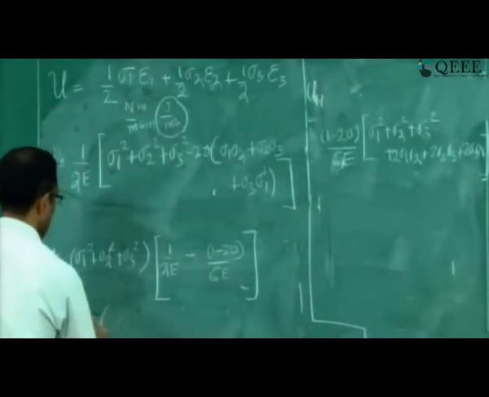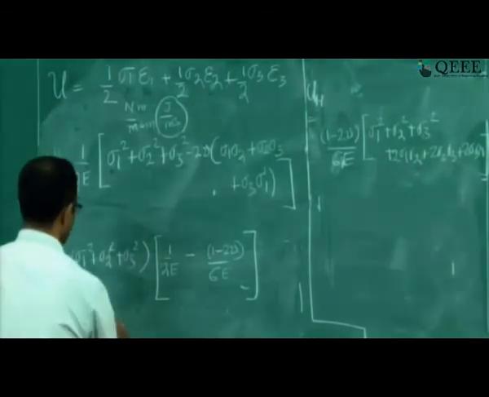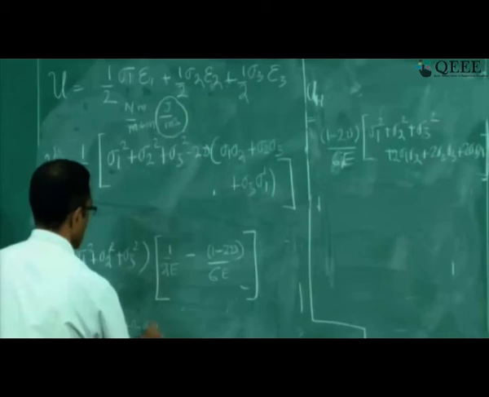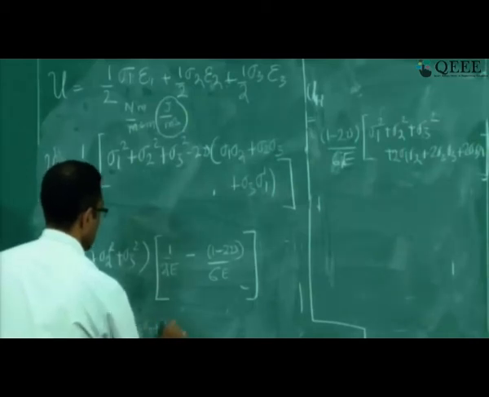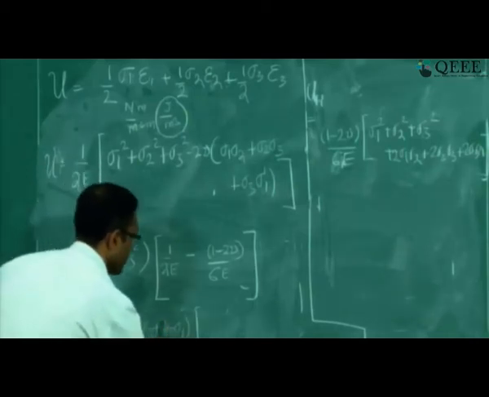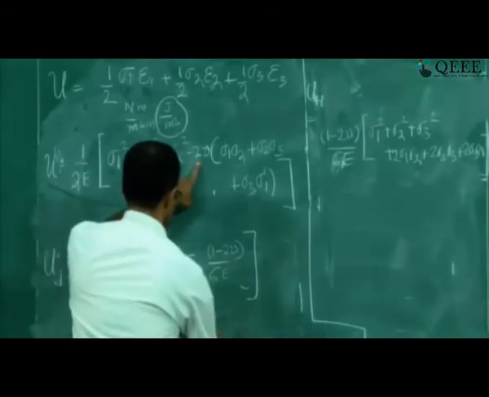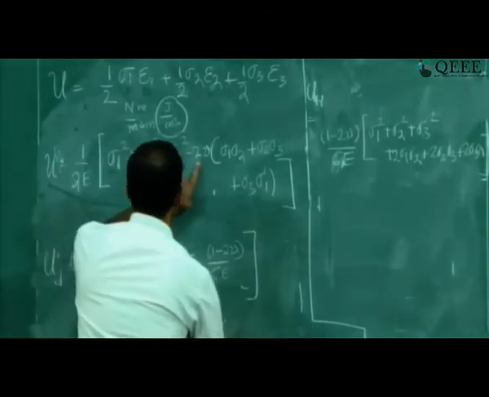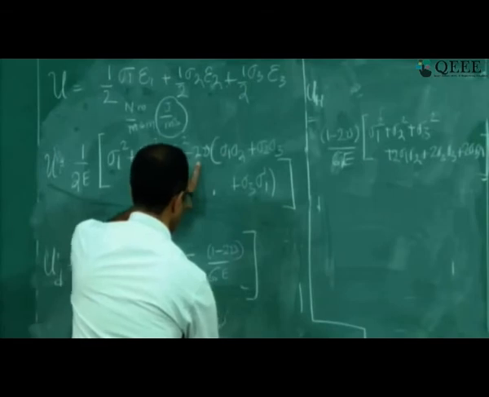So you have sigma 1 sigma 2 plus sigma 2 sigma 3 plus sigma 3 sigma 1 multiplied by 2 nu divided by 2E.